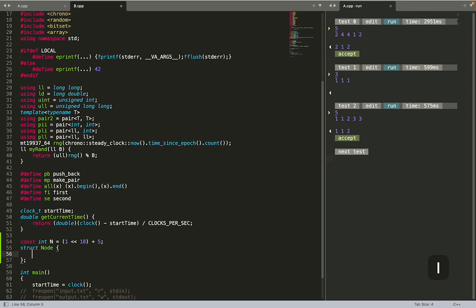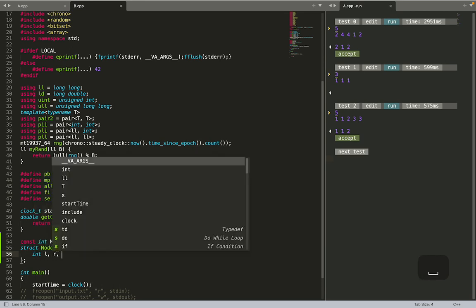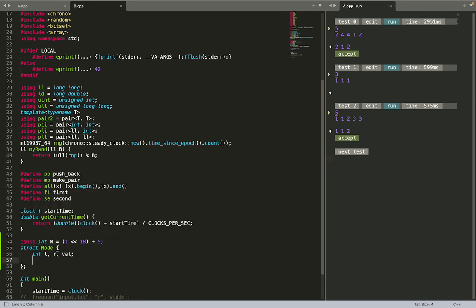So I need a segment tree on max with set at a point. Like it should be max-equal at a point, but that doesn't matter much.